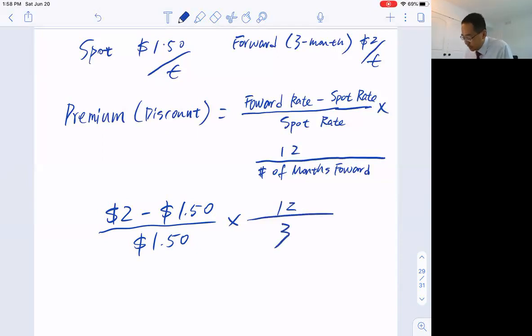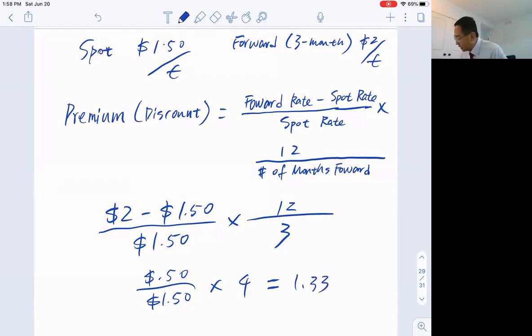So then this tells you it is 50 cents divided by $1.50 times 4. Let me get my calculator to give you a precise number. So you have 0.5 divided by 1.5 times 4, so you have 1.33.